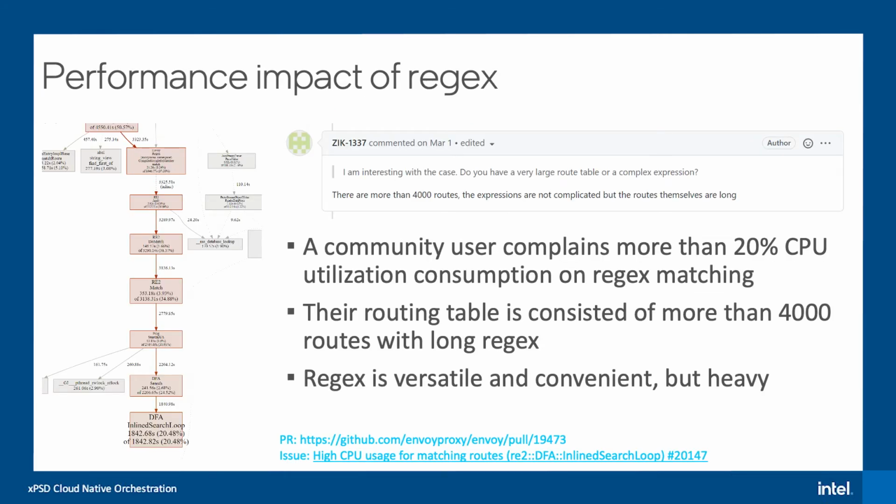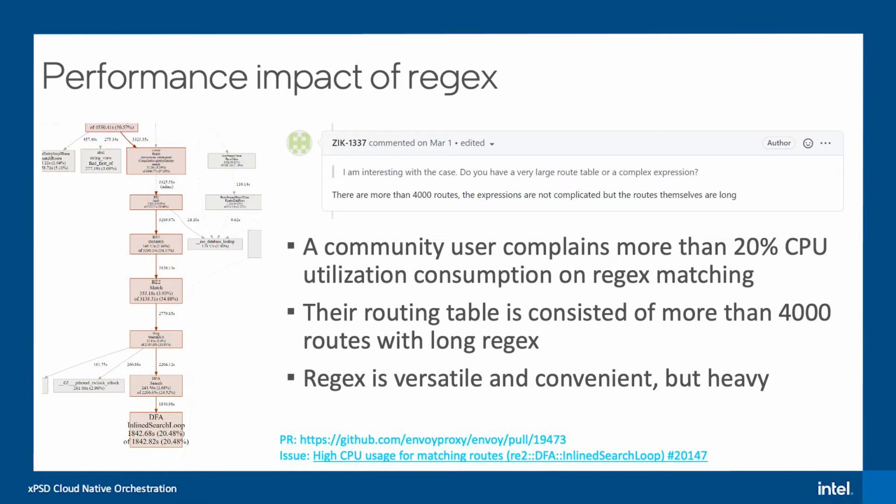So next, we'll talk about regular expressions and Hyperscan. A regular expression, regex for short, is used everywhere on the internet. They are used to search for patterns in text. One typical use case is route matching, which Envoy also uses. The disadvantage of using regex is the computational complexity, which is not always known beforehand.